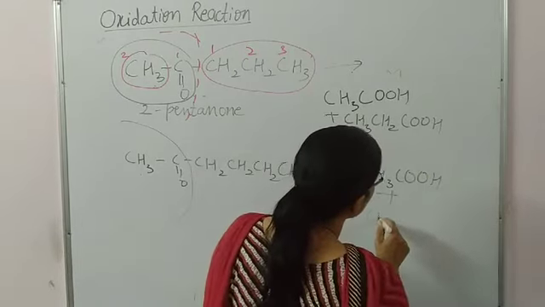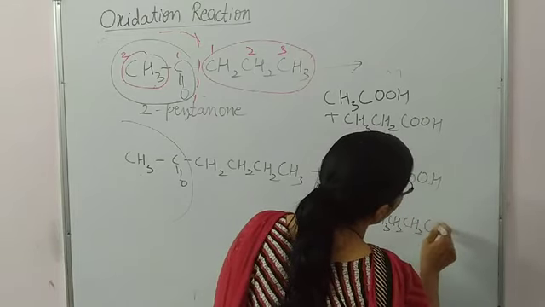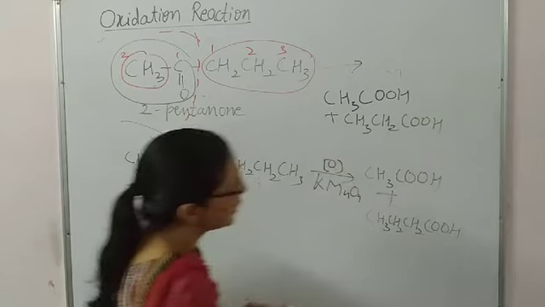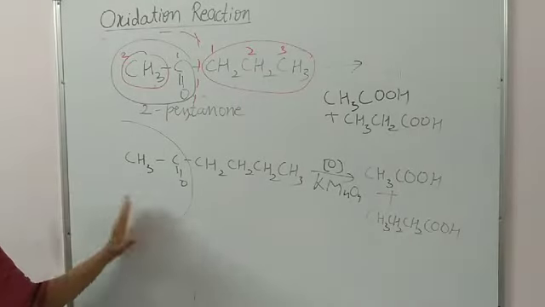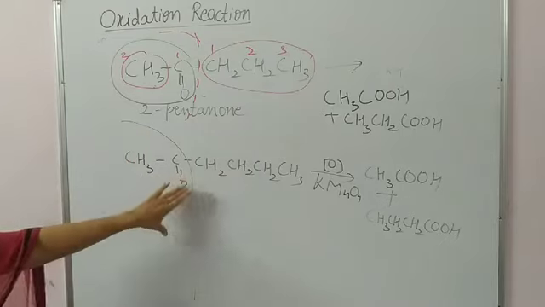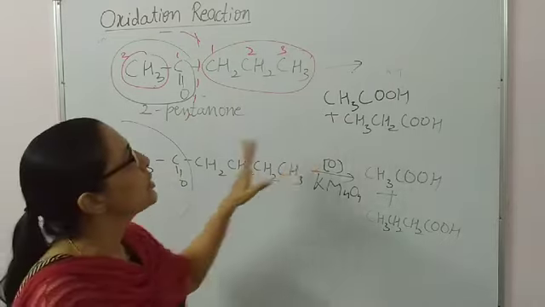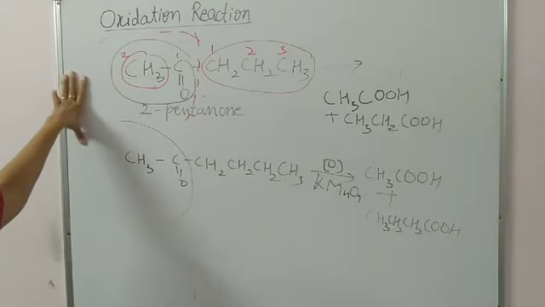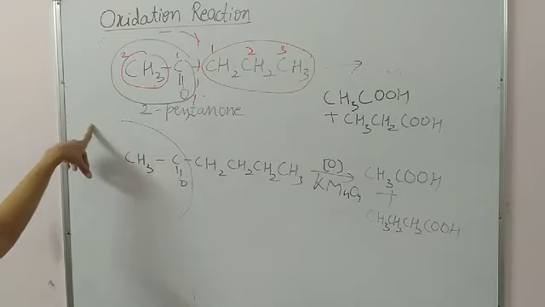It means CH3CH2CH2COOH. This is the acid. So now you have to use Popov's rule to identify the product of oxidation by means of strong oxidizing agent with ketone.